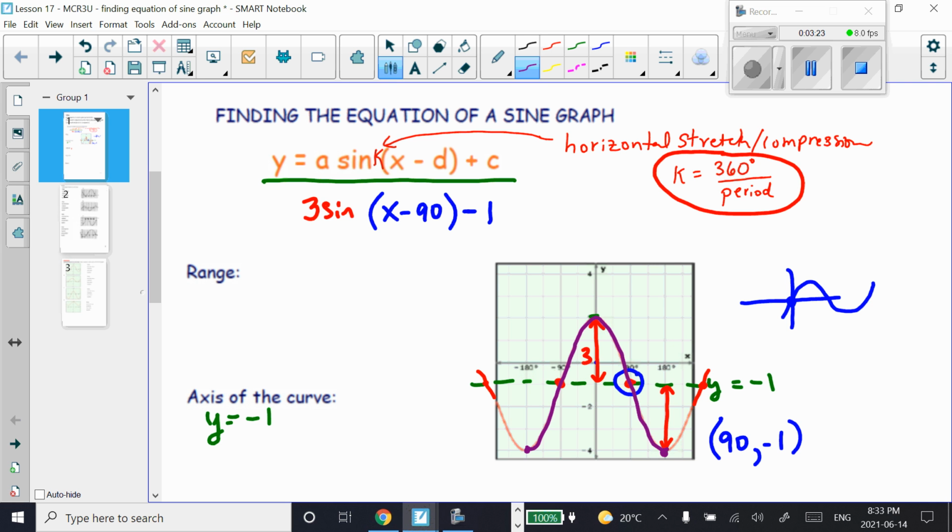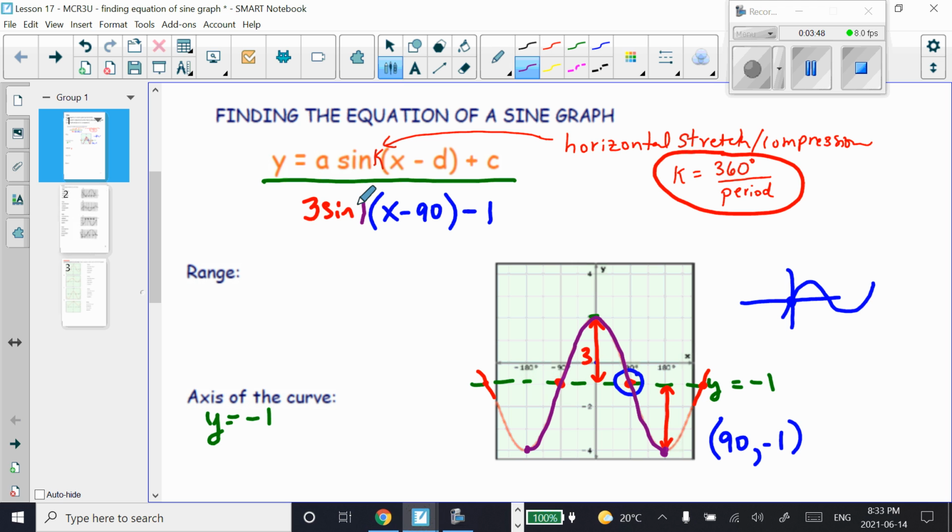So once it gets to this point here, then it goes back up and it's starting to repeat. And so how long did it take for me to get from my starting point to the end point? Well, it was -180 to +180, and that is 360 degrees. So my period is 360. So our K is 360 divided by 360, which is 1. So if you want, you can put the 1 in there or you can leave it out.